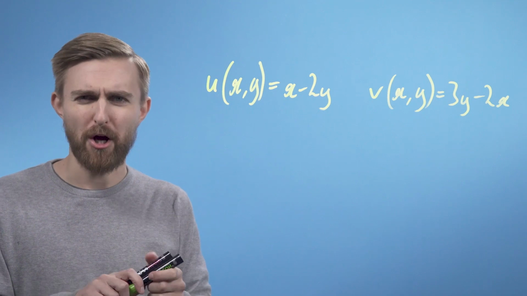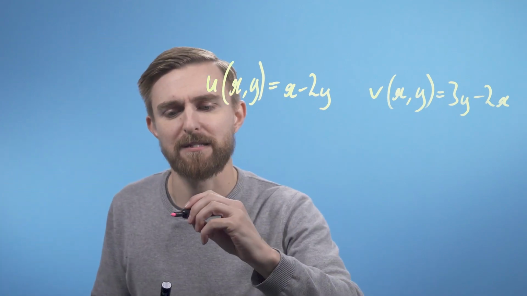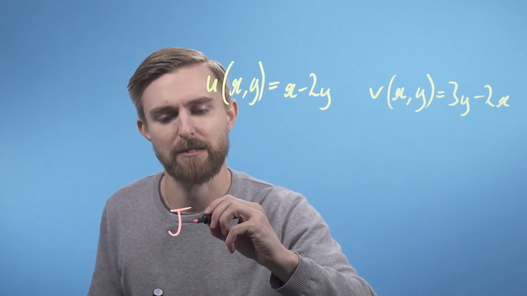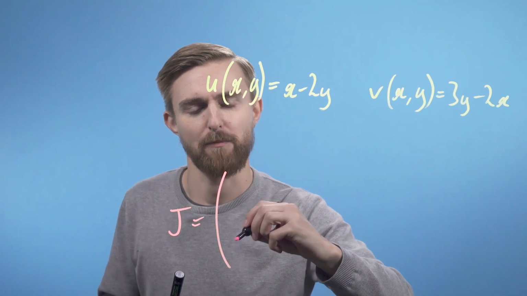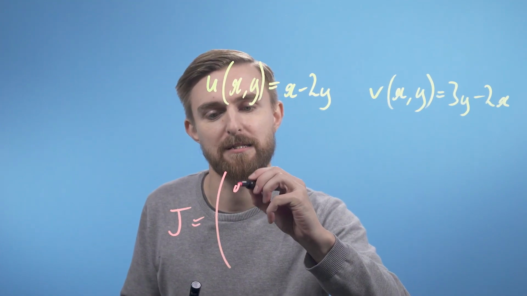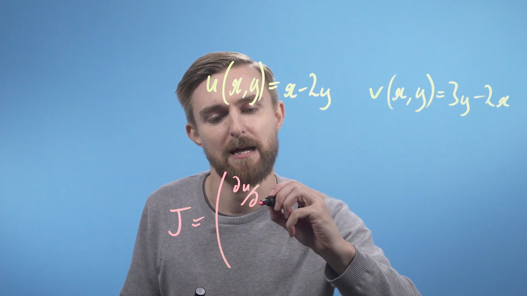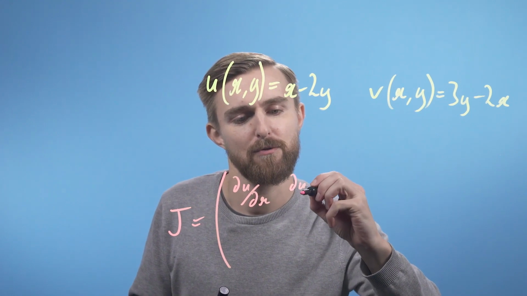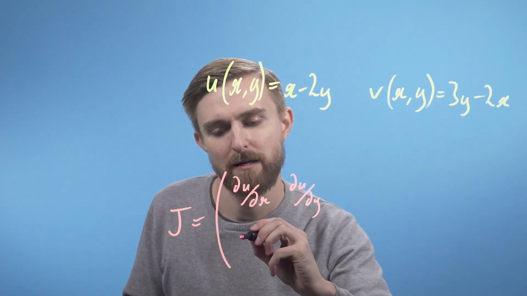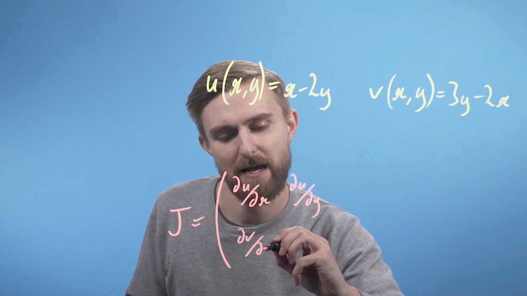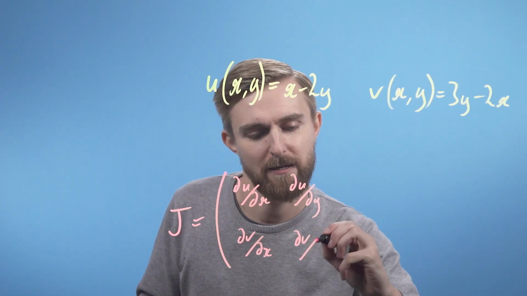We can build the Jacobian from these two by simply saying, well, the Jacobian is going to be, let's open some big brackets and say, well, it's du dx, du dy, dv dx, dv dy.